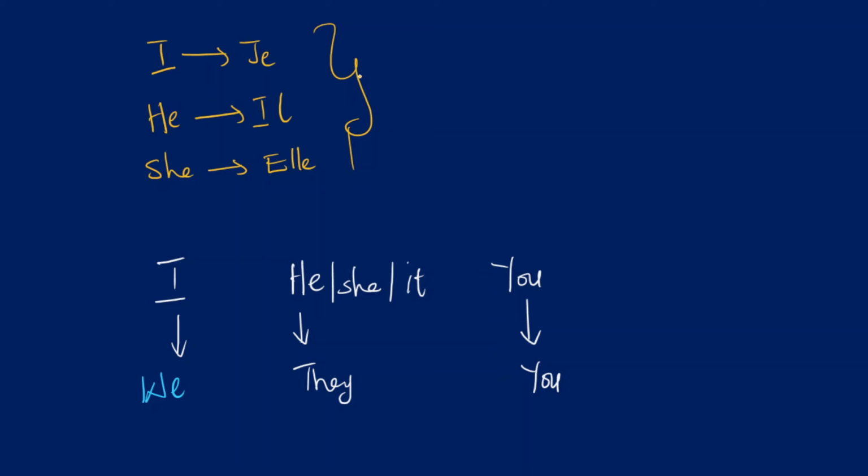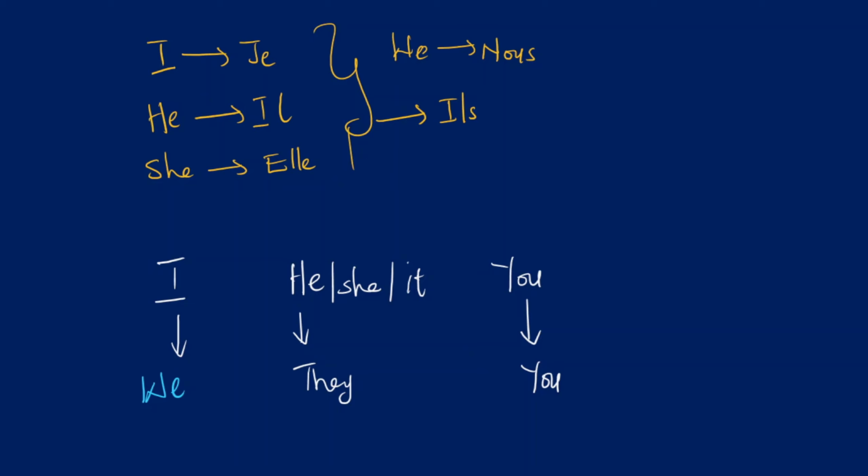The plural of I, which is we, is nous. The plural of he or she, which is they, depends. If it is they masculine, it will be ils.